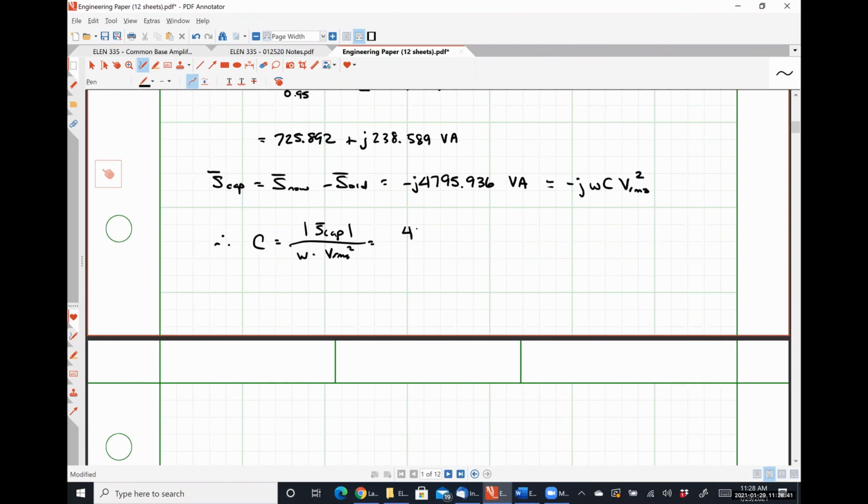So that would be 4,795.936 volt amperes divided by 120 pi, because omega is 2 pi times our linear frequency of 60 hertz that we introduced earlier, times our quantity 600 volts RMS squared. That gives .338 microfarads.